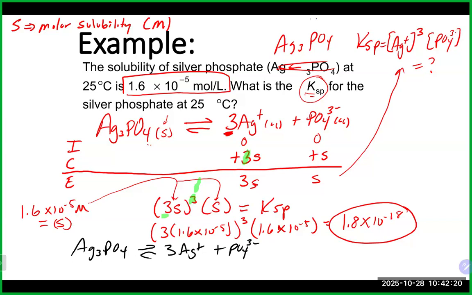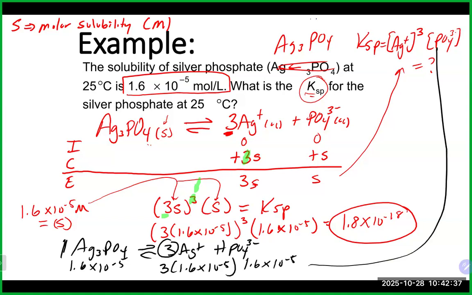Since we have the concentration of this one, it's a 1 to 3 relationship. So you would take 3 times the 1.6 times 10 to the minus 5. That's a 1 to 1 relationship, which gives you 1.6 times 10 to the minus 5. And then you can take these like we just did. But that's basically what the ice table is doing for you, putting it into there.